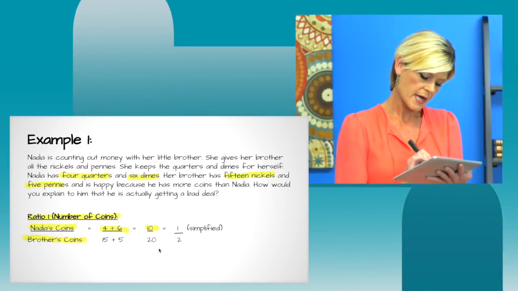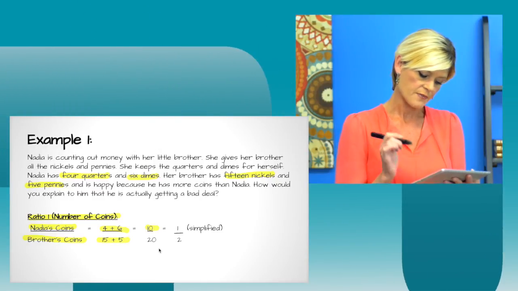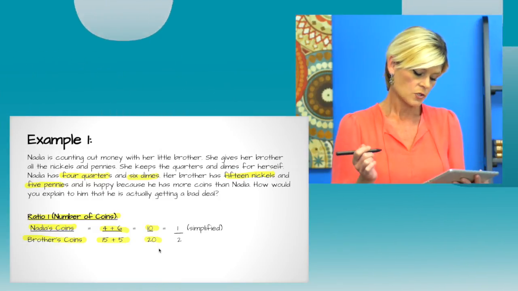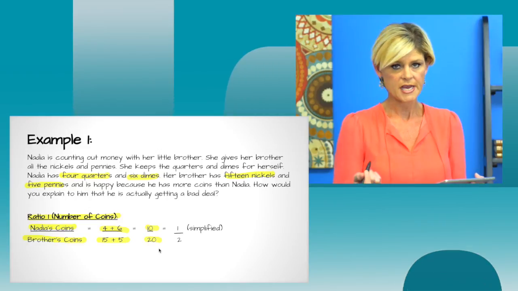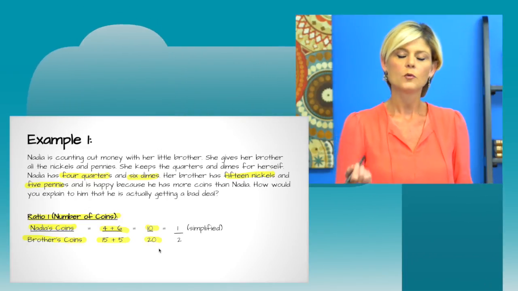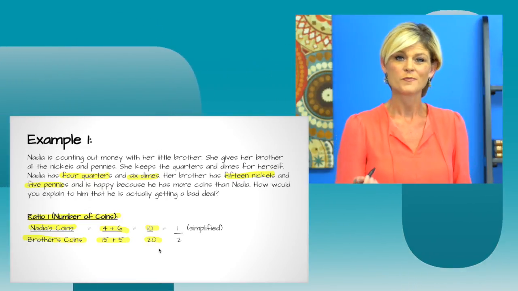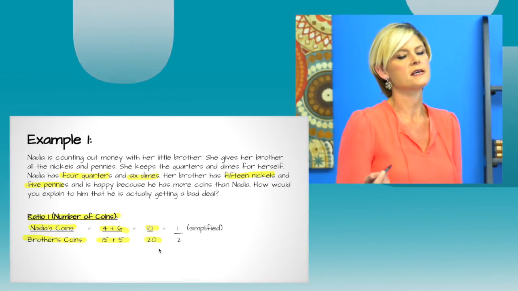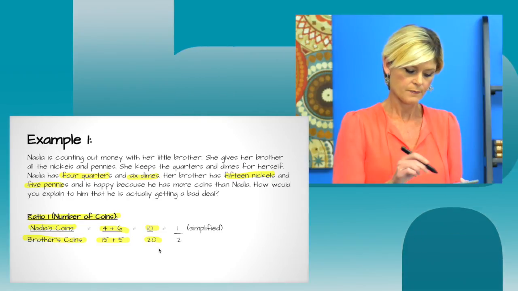Now her brother has 15 nickels and 5 pennies. 15 plus 5 is 20. So once we simplify that ratio of 10 over 20, or 10 to 20, we can simplify that as 1 to 2. So in fact, the little brother's actually right. He does have twice as many coins as Nadia.